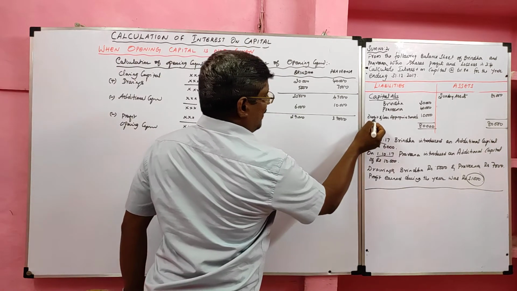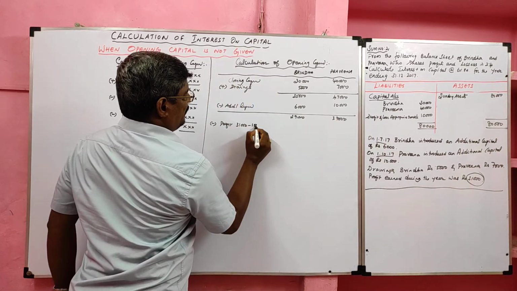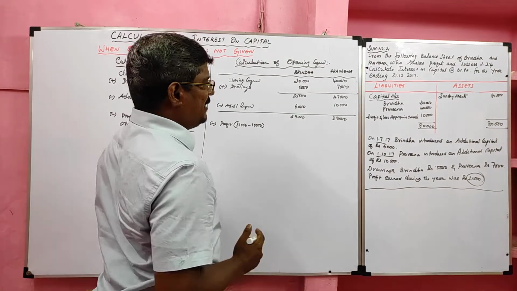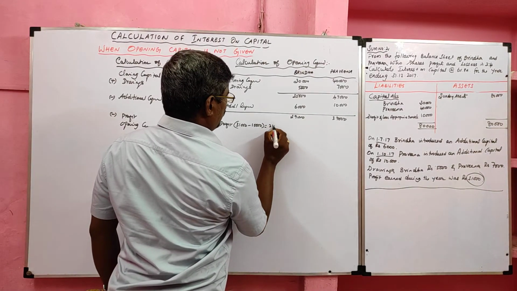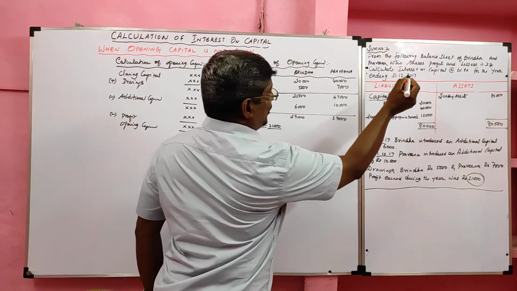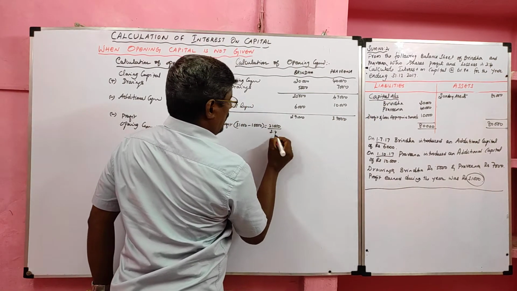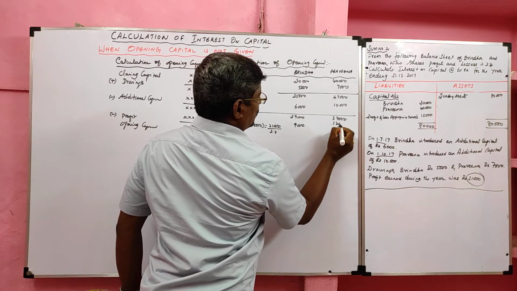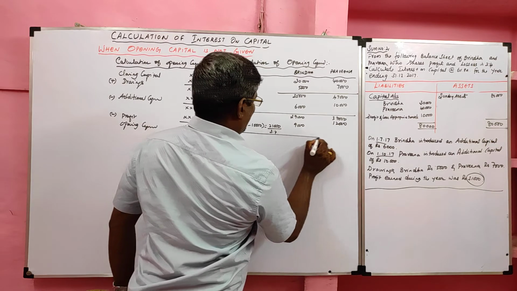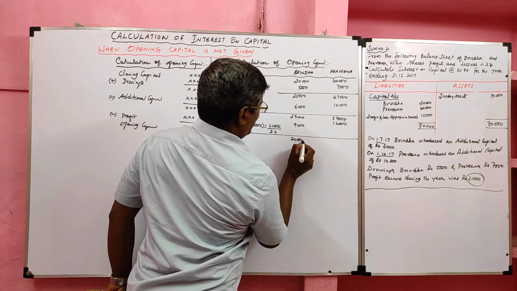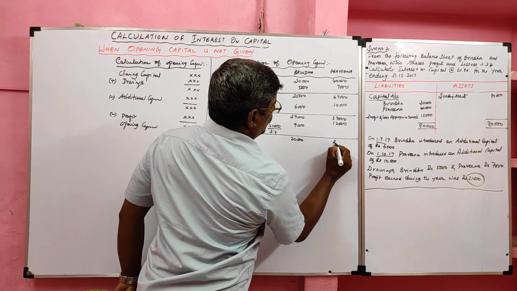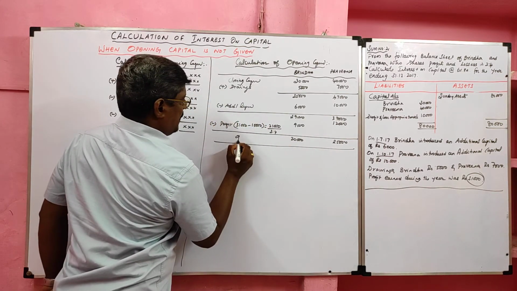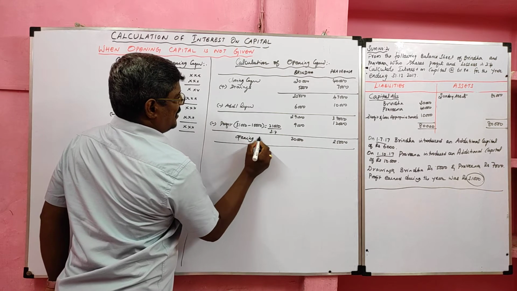Already credited to the capital how much? 10,000. The profit and loss account given in the balance sheet means the profit already credited to the capital account. So the balance is 21,000. That profit should be divided in the ratio of 3:4. The value is 9,000 and 12,000. Now we ascertained opening capital: 20,000 for Brinda, 25,000 for Praveena.